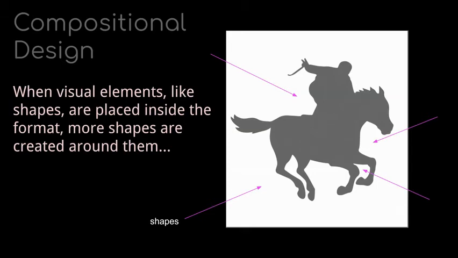Now, as soon as we place a shape in the format, in the box, more shapes are created around the shape. So here the gray shape is the main shape, but then all the white space around that gray shape is also considered part of the artwork.